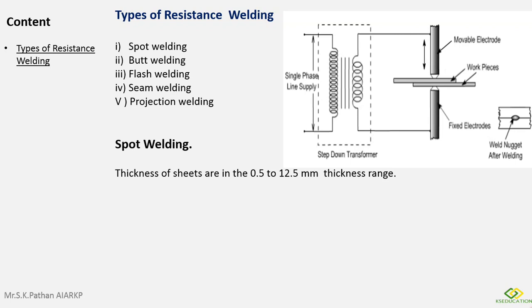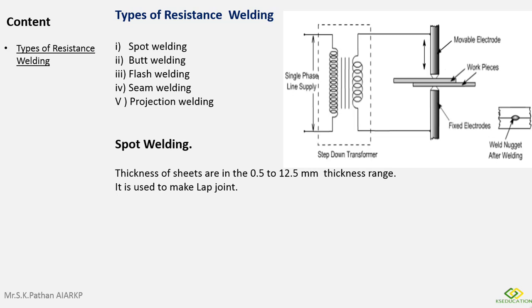The thickness of the sheet to be welded must be in the range of 0.5 to 12.5 mm, but generally we take 0.2 to 6 mm thickness sheet metal. Beyond that we need a bigger spot welding machine, which is not cost effective.